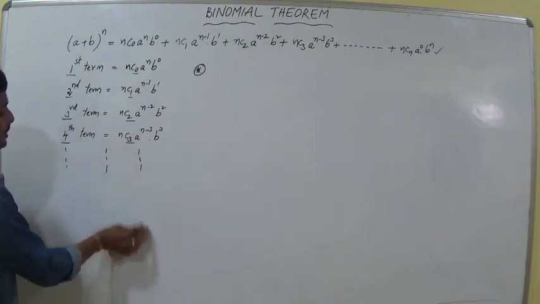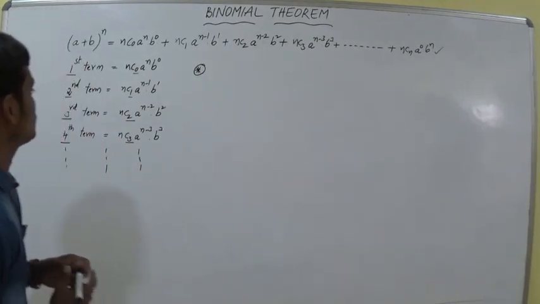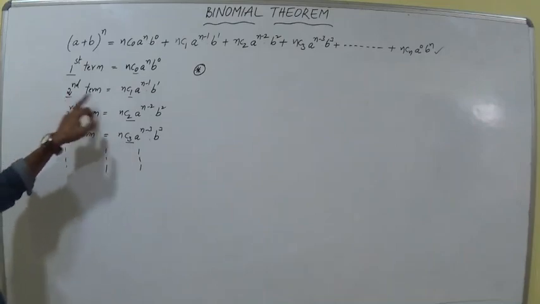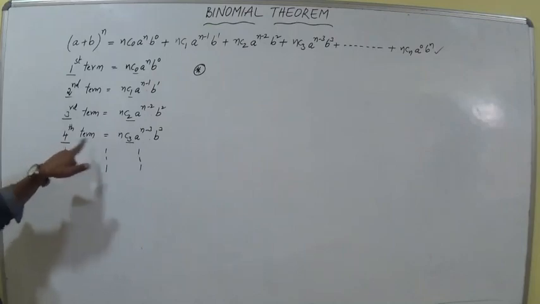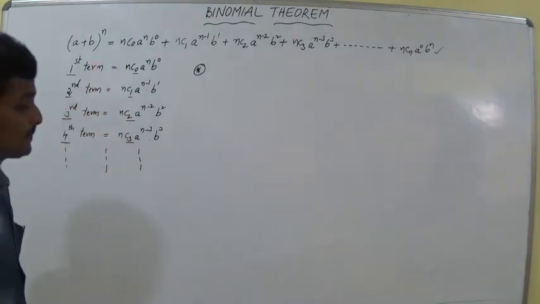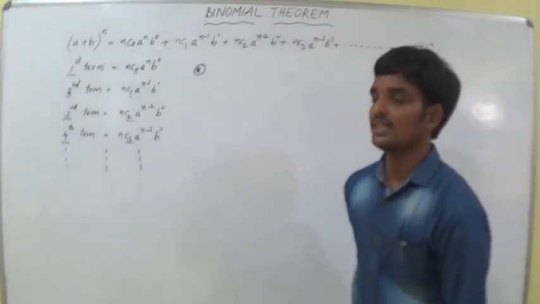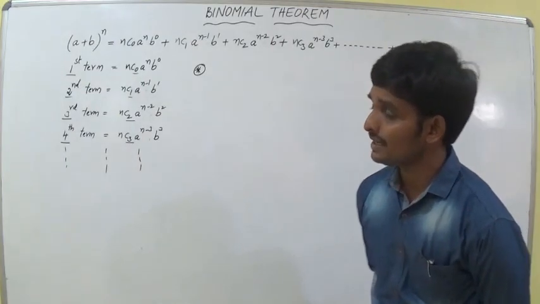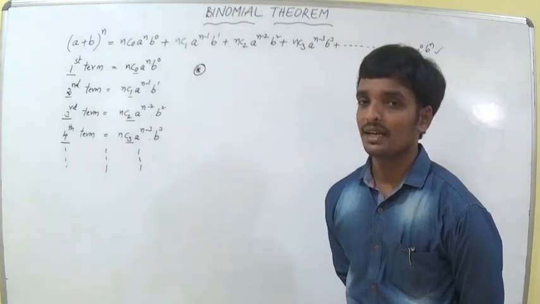So if you observe these points: first term nC0, second term nC1, third term nC2, fourth term nC3. The suffix of every C in every term is 1 less than the number of the term.